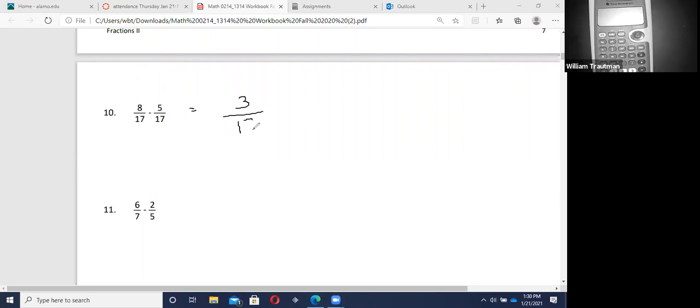Don't touch my bottom. Try to reduce it if we can. We are done. And you can put this in your calculator and you'll see we get the same answer. Question 11. The bottoms are not the same.